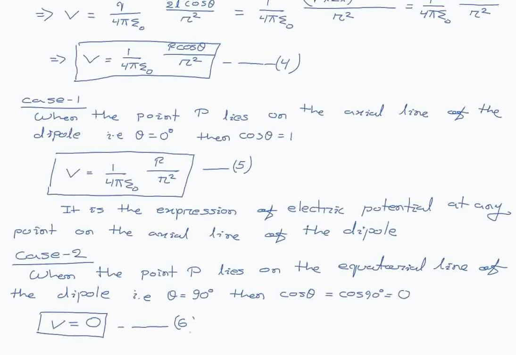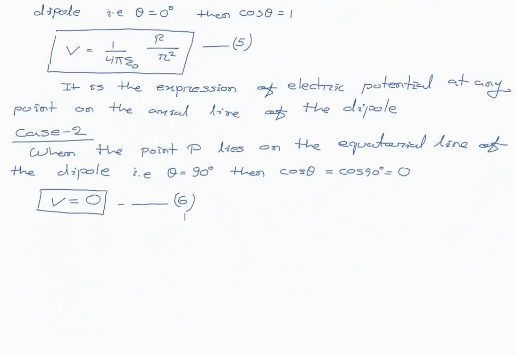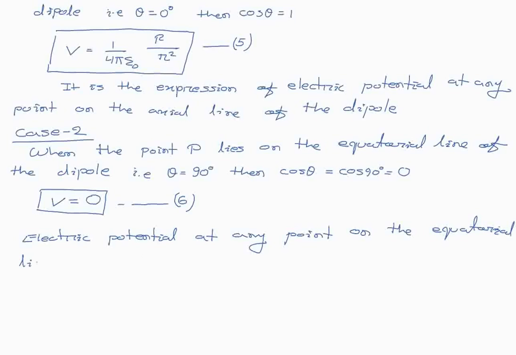So from this we can conclude that electric potential at any point on the equatorial line of the dipole is 0.